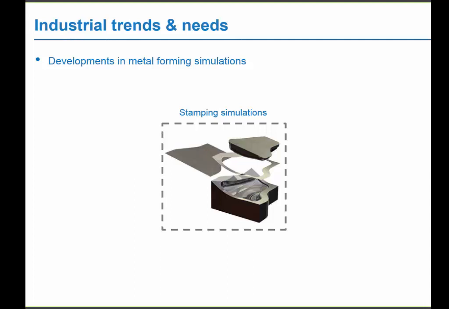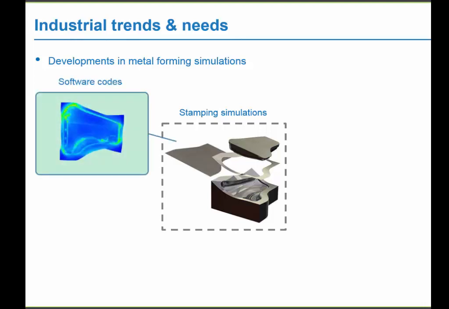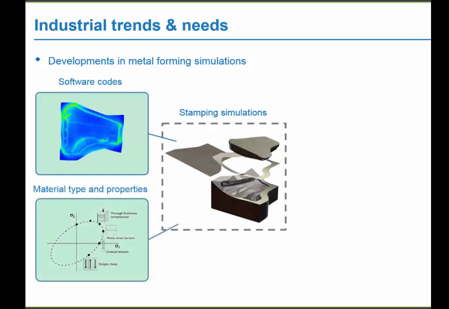If we look at sheet metal forming in general, and at the developments in metal forming simulation technology, then in the past years we've seen a lot of developments on software codes to predict the quality of sheet metal formed parts. We've seen a lot of developments on material modeling, material type, material properties.